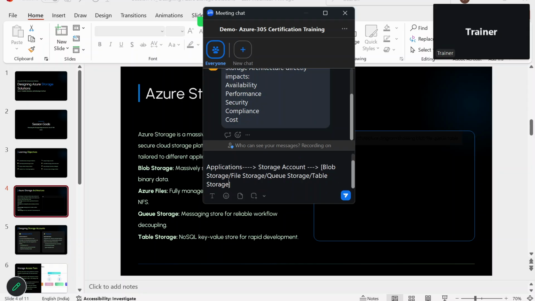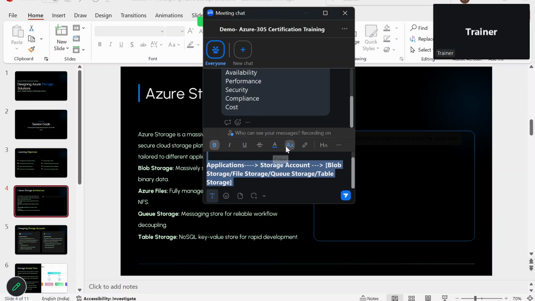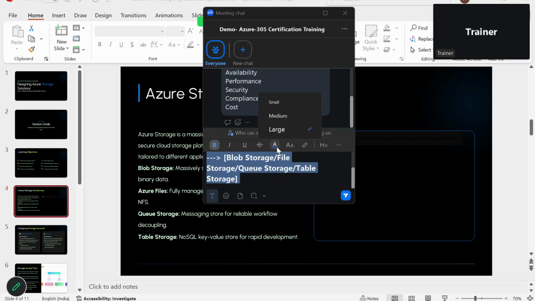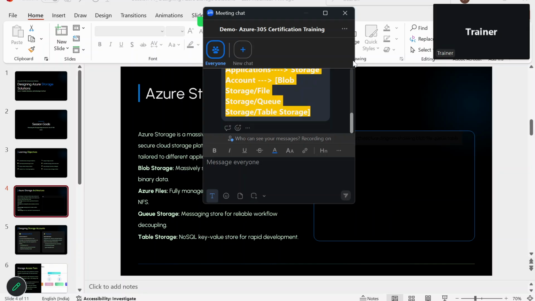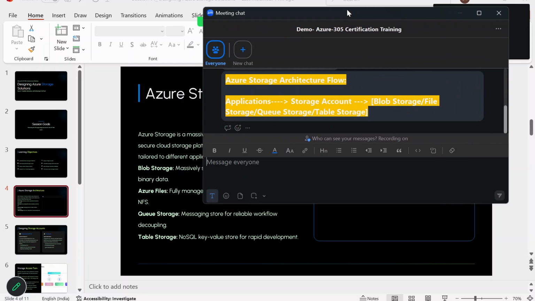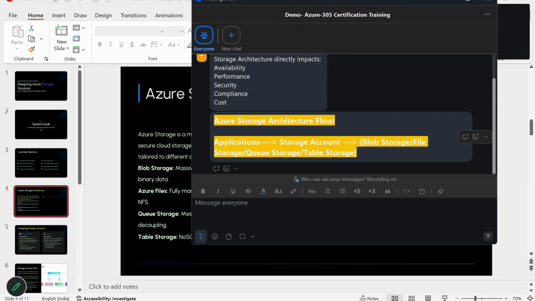So these are the Azure storage architecture flow.